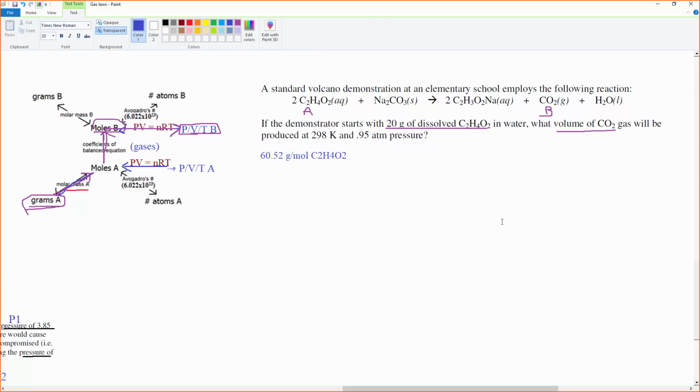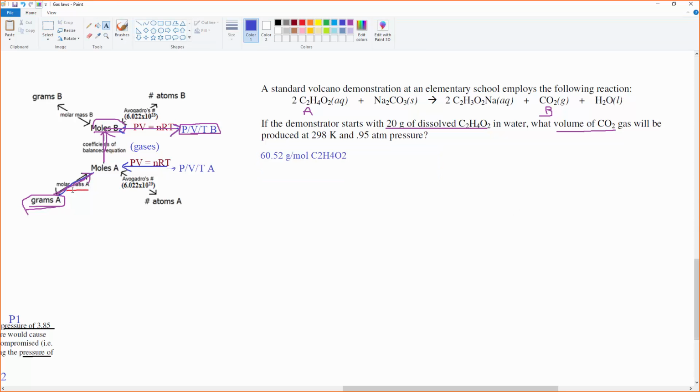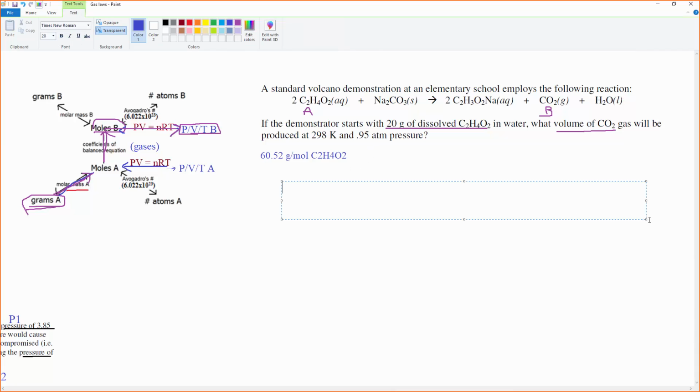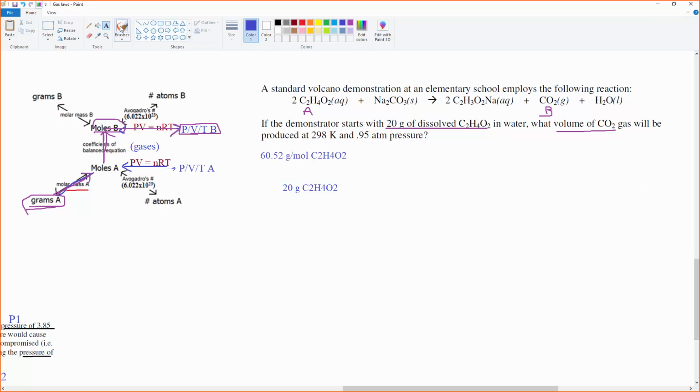Okay. So that's the first thing we need to make this first conversion happen. So we're putting this in our line, 20 grams of C2H4O2. And what do I do with this molar mass that I just calculated?